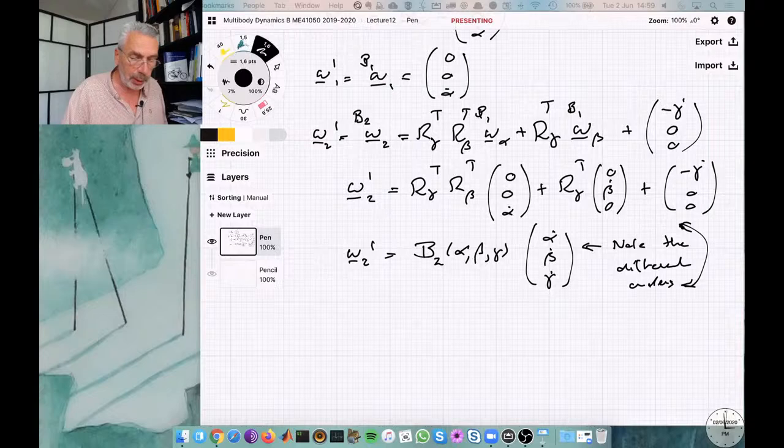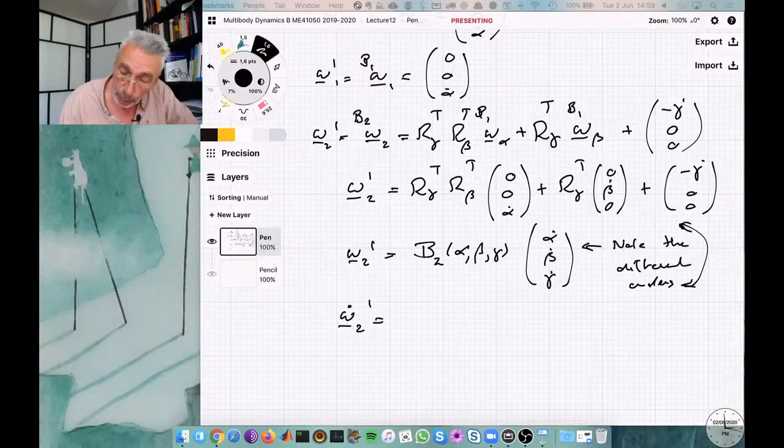Yeah, that having said, then it's not only the angular velocities we need, we also need the angular accelerations. Bugger all. So I have to differentiate this. Omega dot 2 prime is, well, that's simple.